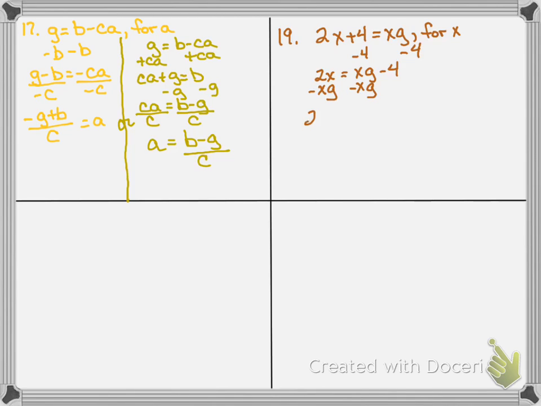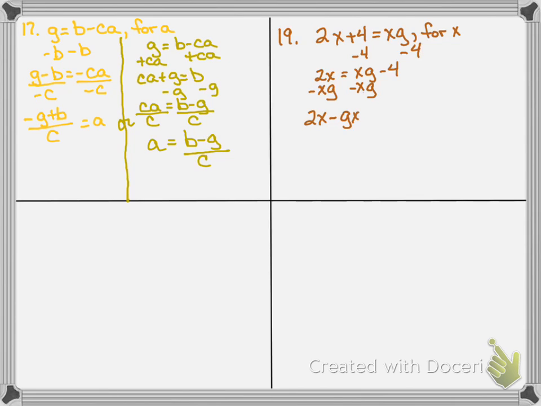Now I'm going to rewrite this. 2x minus gx. Notice I switched my x and my g. When x and g are multiplied together, it does not matter which one's in front.